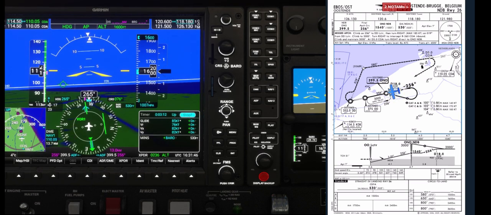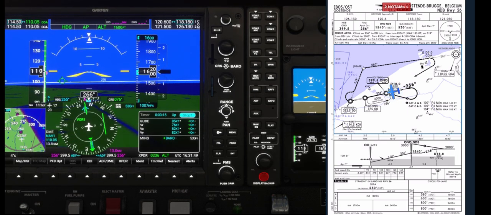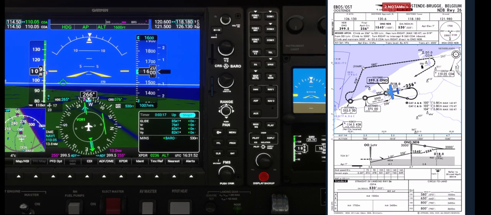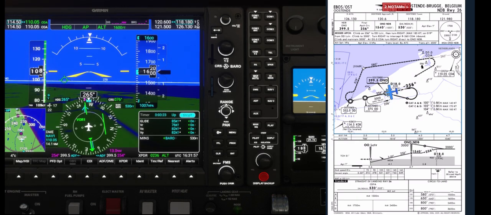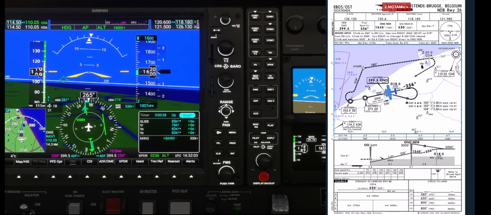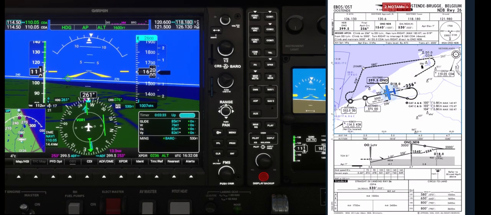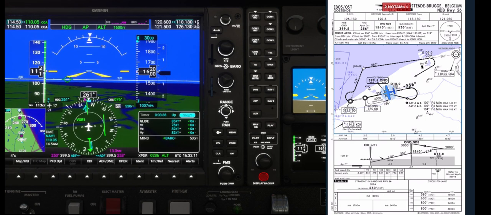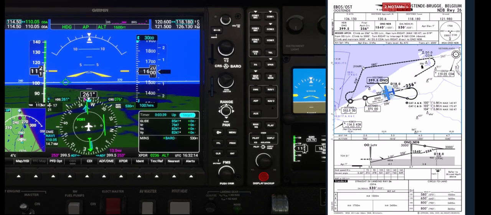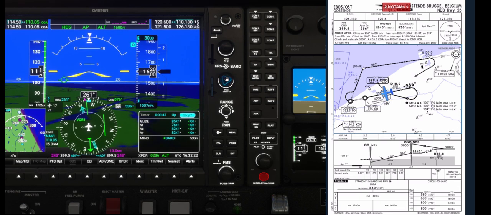Approaching the final approach fix, set flaps approach. At the final approach fix, the 5 Gs.